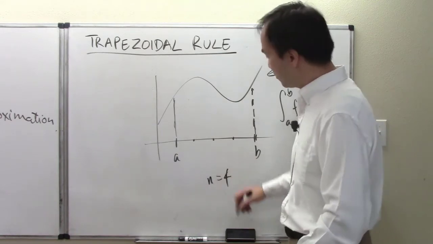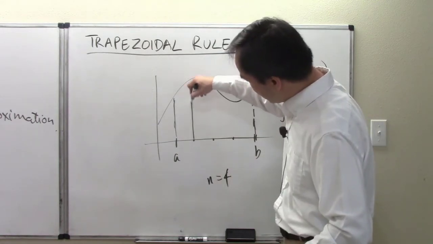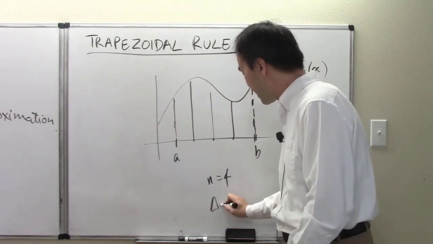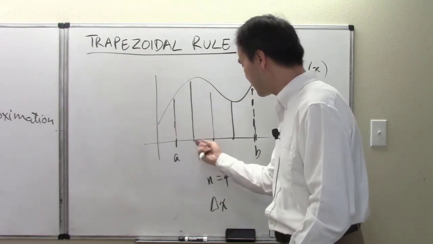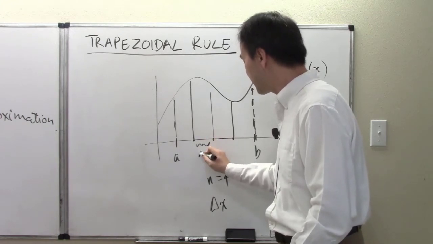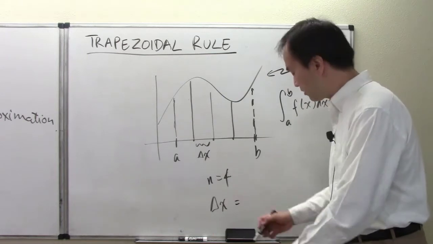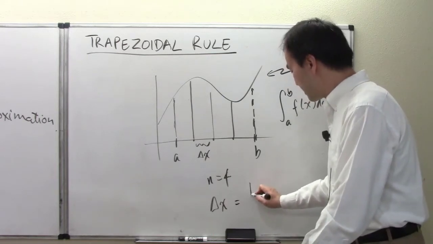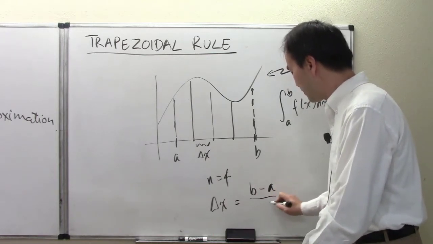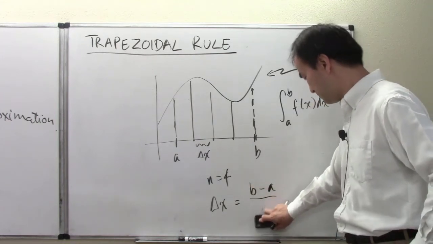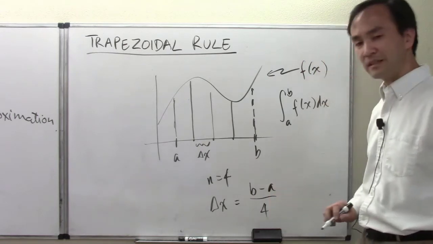Okay, n equals 4, with equal widths. That means each of our delta x here, each one of these is a delta x. For being simple, for equal widths, it's b minus a over n, and specifically here in this case, it's b minus a over 4.